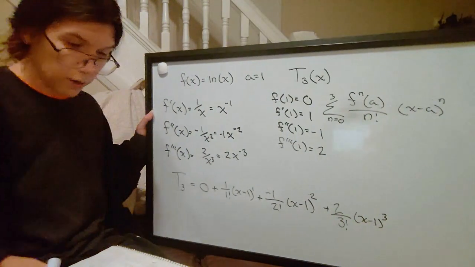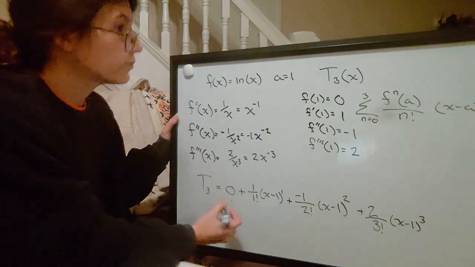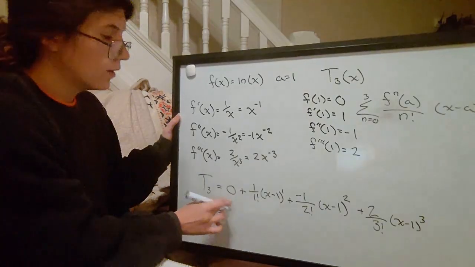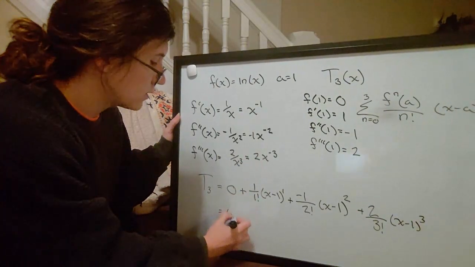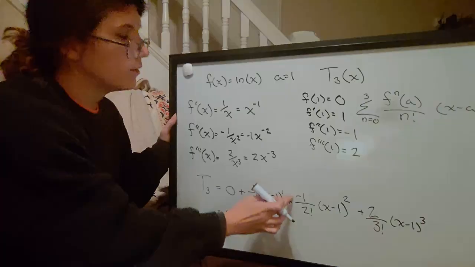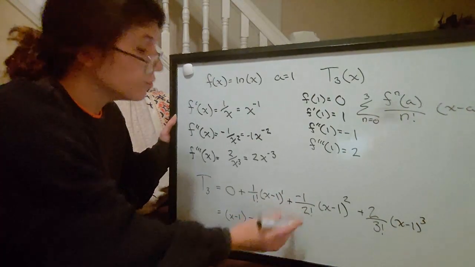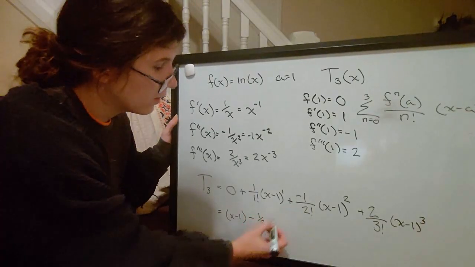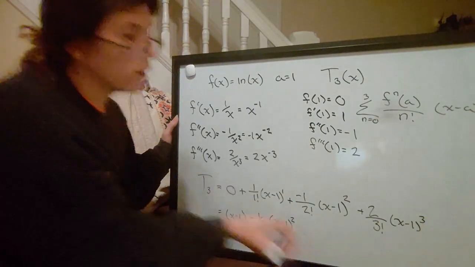All right, so now we can do a little bit of simplification to make our lives easier. Forget about the 0. 1 divided by 1 is 1. This is just going to be x minus 1. And then we have negative 1 divided by 2 factorial. 2 factorial is just 2, so it's going to be 1/2 x minus 1 squared.